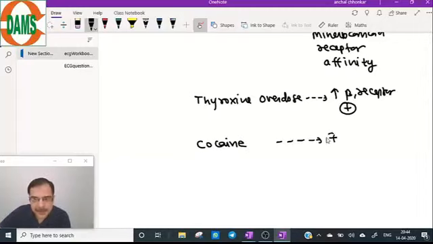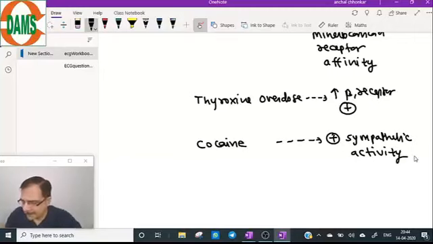It stimulates sympathetic activity. So these are general secondary hypertension causes, though there can be other causes as well, but they are less common in clinical practice.